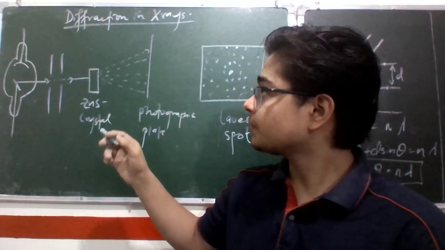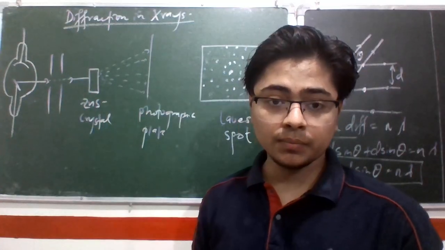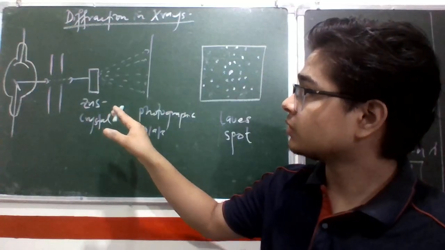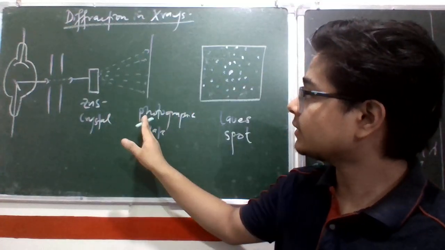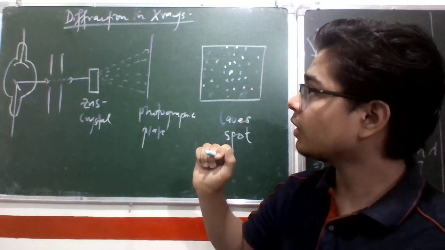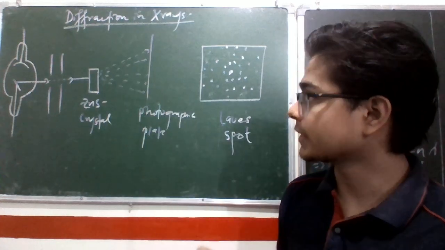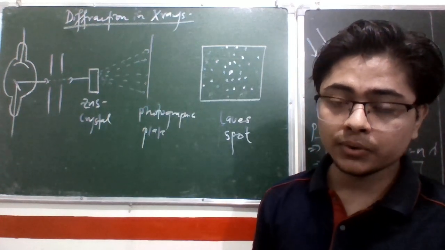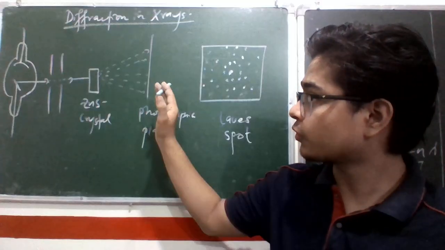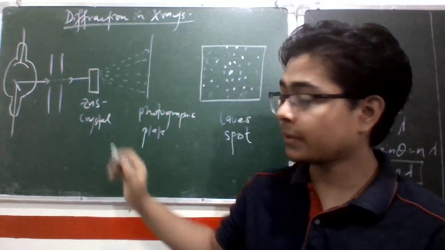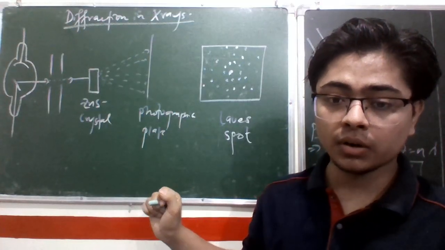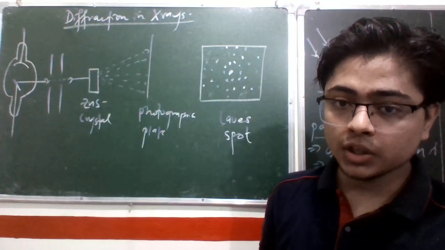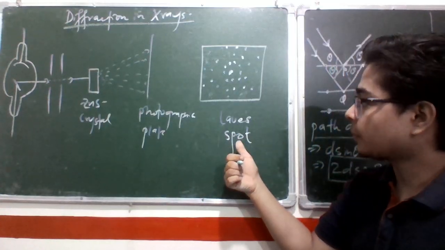After it strikes the crystal, it is diffracted and we get the result on the photographic plate. If you expose the photographic plate to the X-rays for a sufficient amount of time, you would get something called a Laue spot.